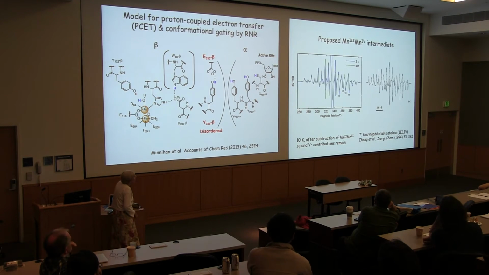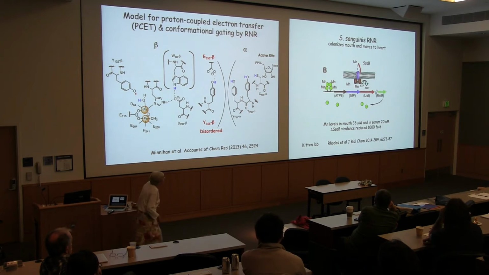Okay, so in the last few minutes, I want to ask another question. And I think this is, again, where science is headed. Is this manganese cofactor really important inside a pathogenic organism?